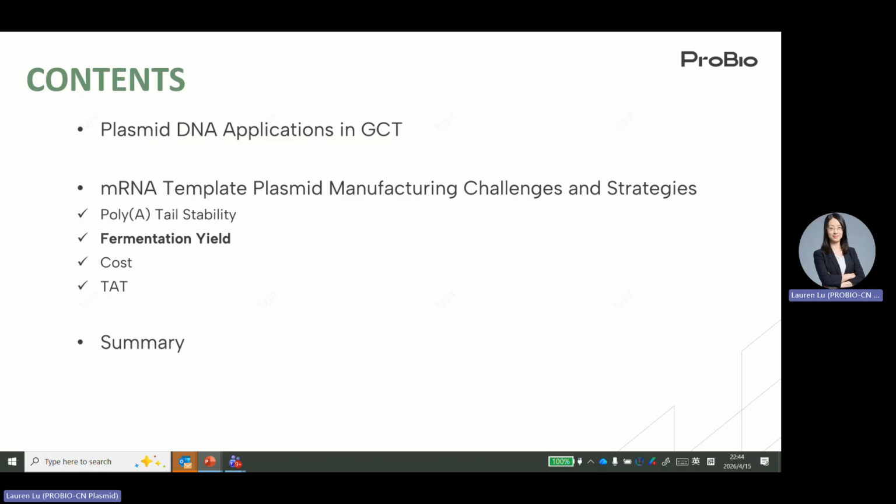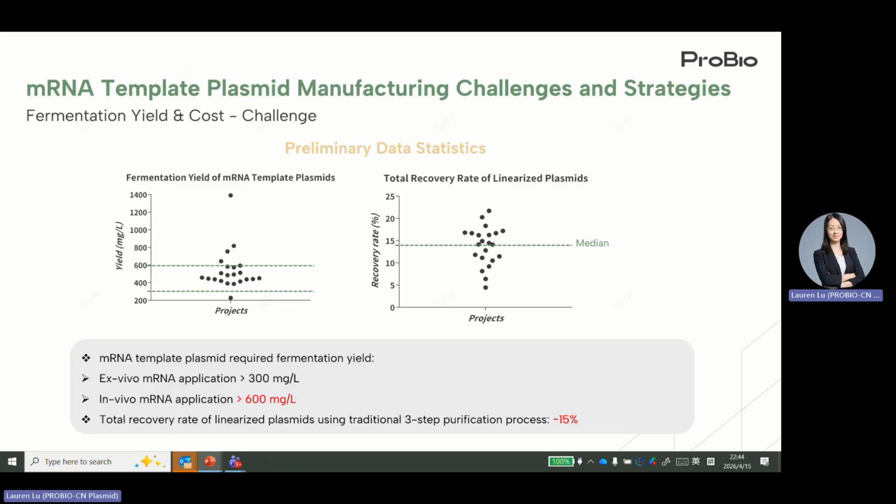And next, I'm going to talk about another case study on how to increase the fermentation yield. Here we list all the historical data of fermentation yield and the total recovery of the linearized plasmids.